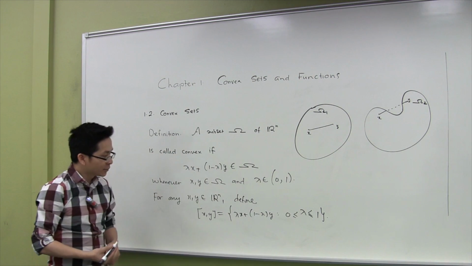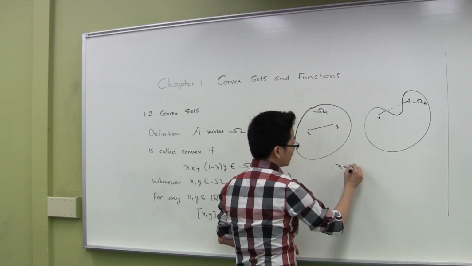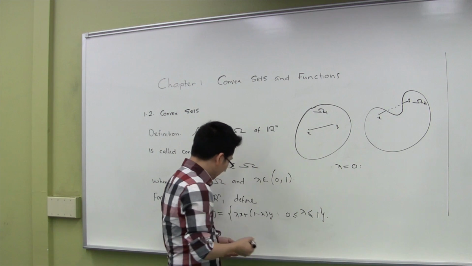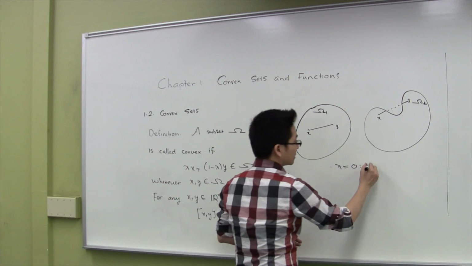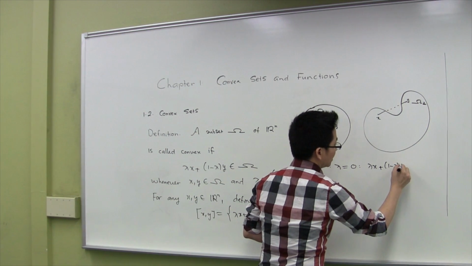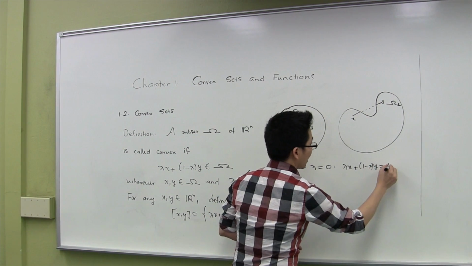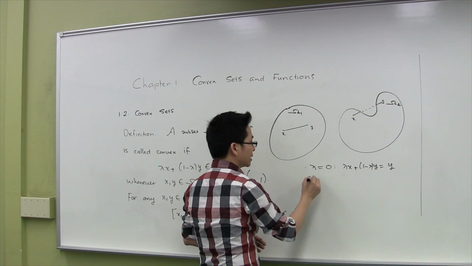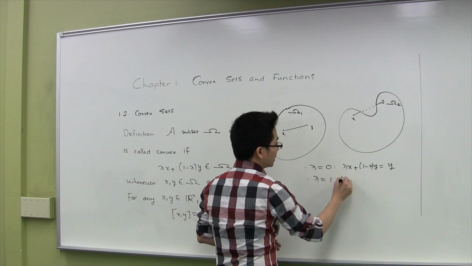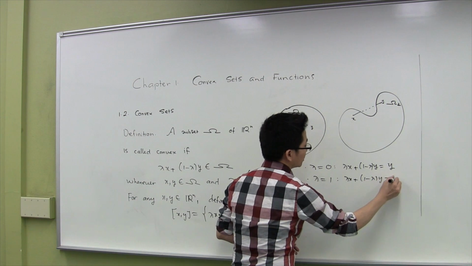Now, as you can see, if lambda is equal to 0, lambda x plus 1 minus lambda y is equal to y. And similarly, if lambda is equal to 1, lambda x plus 1 minus lambda y is equal to x.